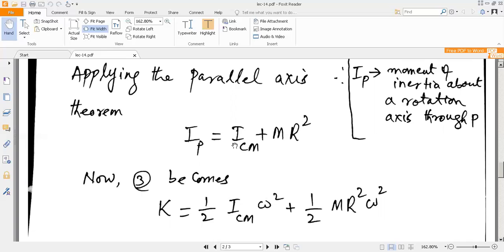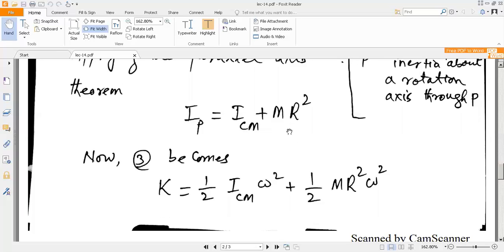This is the moment of inertia caused by rotation of the center of mass in the orbit, and this mr square is the moment of inertia due to spinning of the constituent elements of the rigid body about the center of mass. Ip will become equal to this.